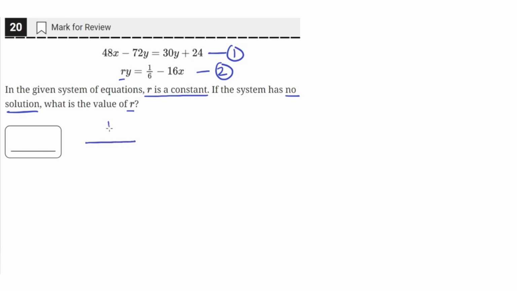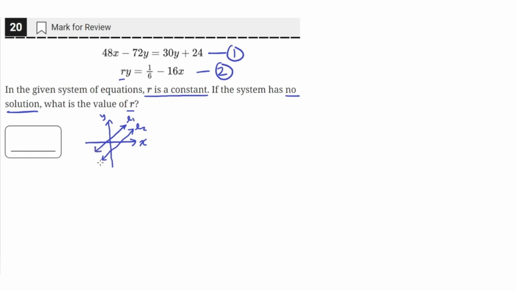A system of equations of two lines has no solution when the lines are distinct and parallel. So say this line is line 1 and this one is line 2 on the xy plane. These lines are parallel and distinct, meaning that their y-intercepts are different.